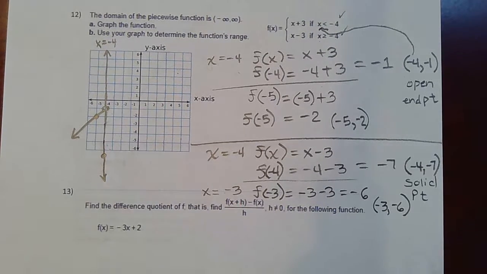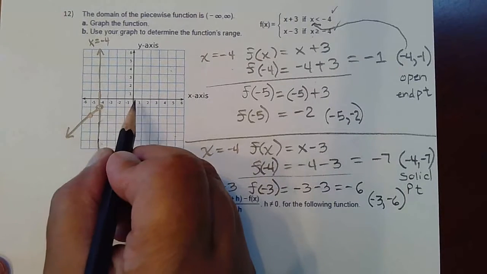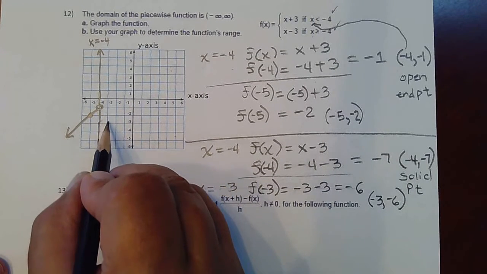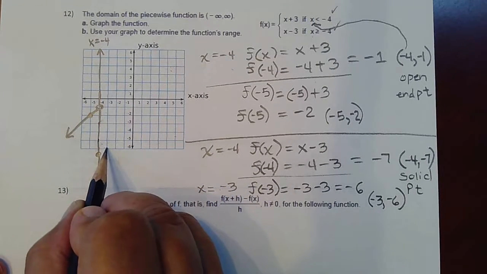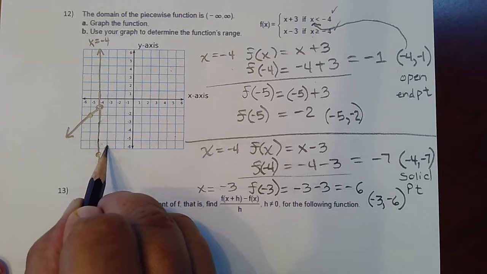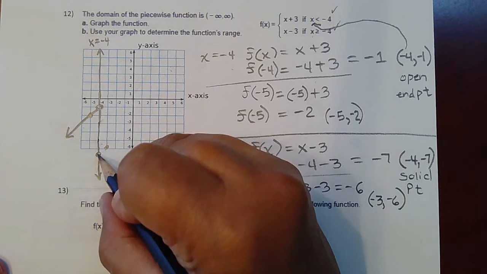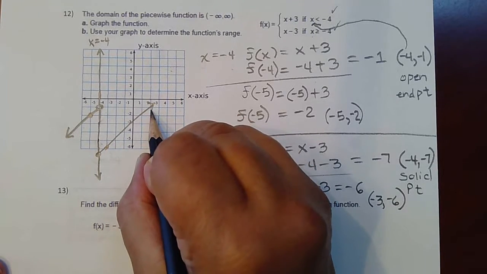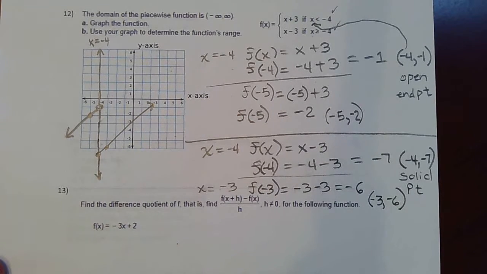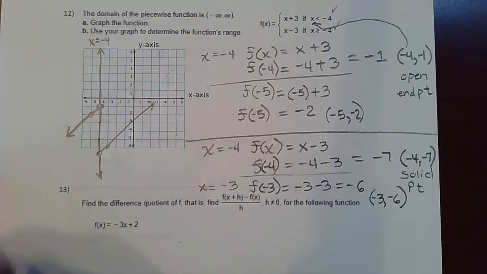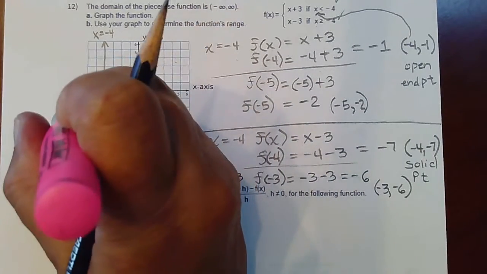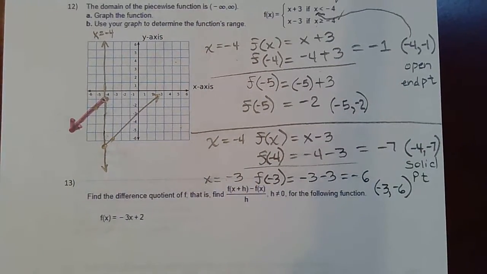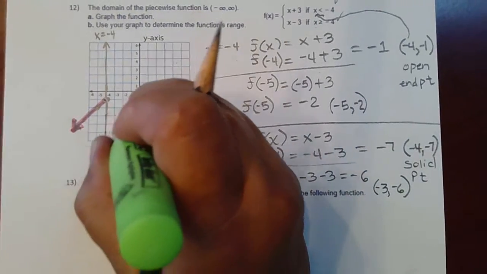So continuing with that, go plot that point. -3, -6 is about right there. So you can see that here is your line on the other side. Okay, so you have one line that's over here, and then you have another line that's over here.